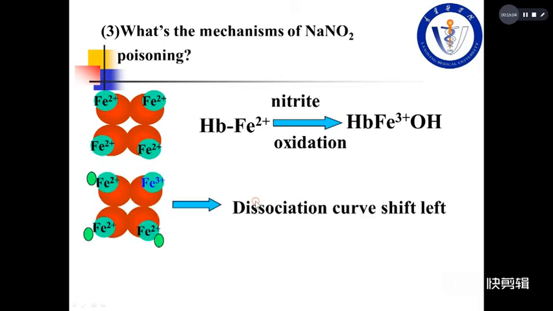The other part: one hemoglobin has 4 ferrous irons.